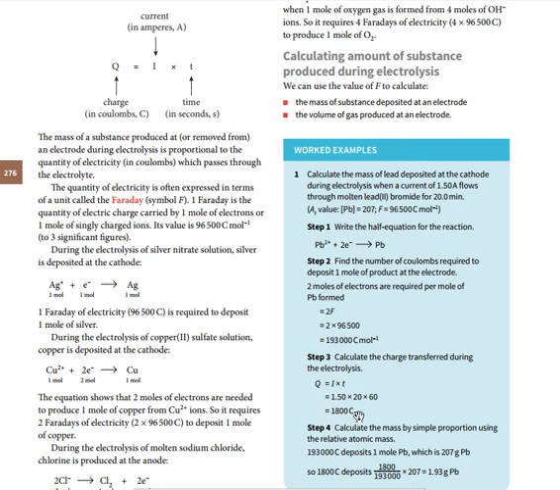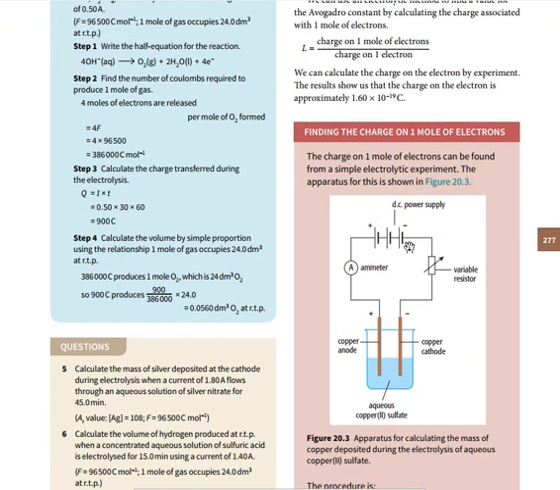Therefore 1,800 coulombs is going to correspond to X grams of lead. To calculate that mass of lead, you just do 1,800 divided by 193,000 times 207, and now you have the mass of lead for this particular electrolytic reaction.